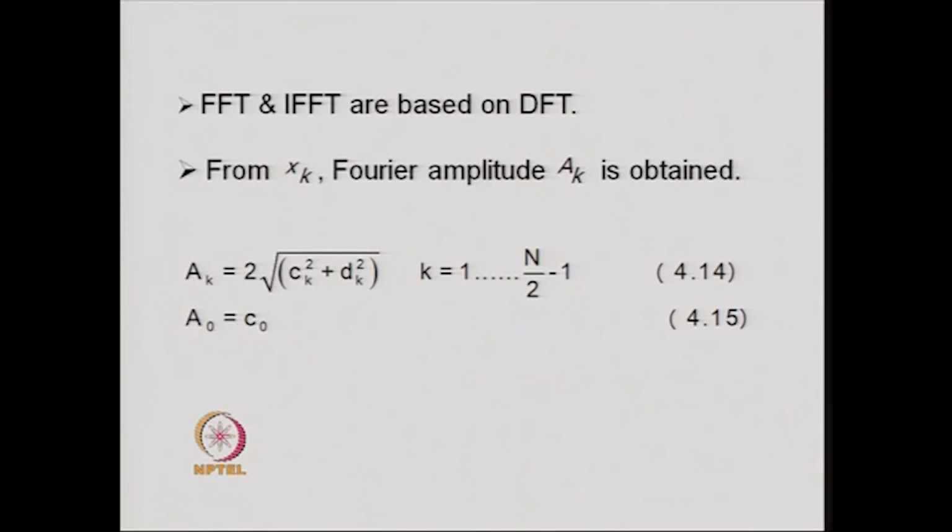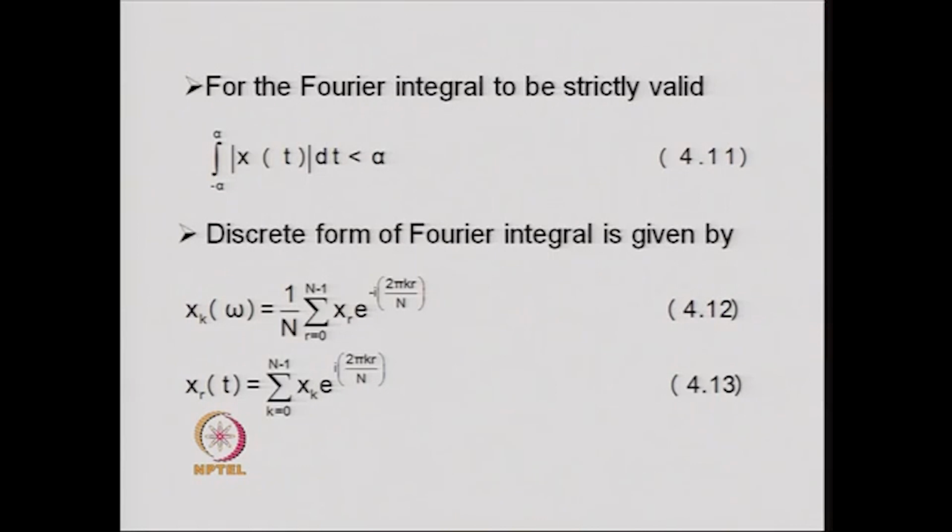That is what is used in computer programs for obtaining the Fourier components of any signal or time history. The Fourier amplitudes AK and the phase etcetera have been discussed before, so I am not going to repeat that.